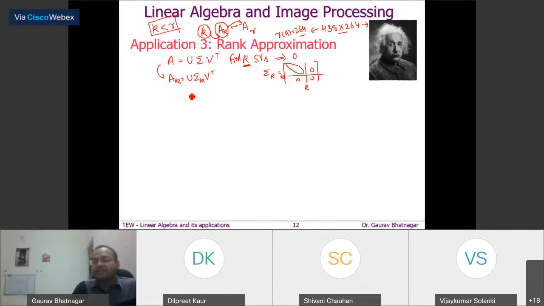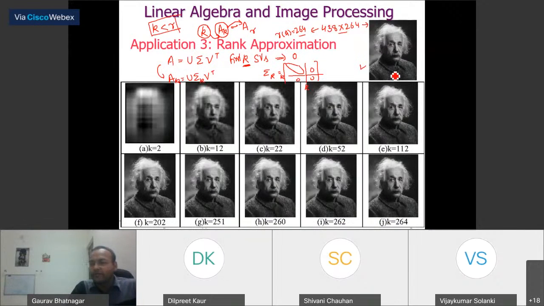Now let's see the effect of different Ks on a particular matrix. In this figure you have different images. This is the rank 2 approximation of the given image.